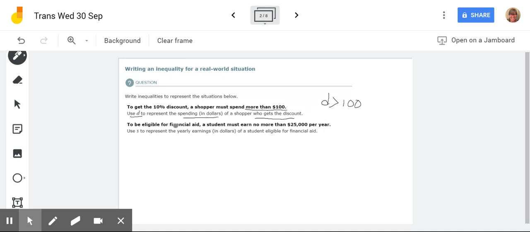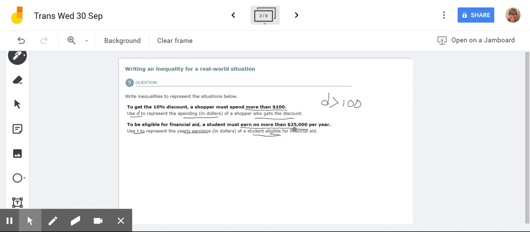Okay, to be eligible for financial aid, a student must earn no more than $25,000 per year. Use S to represent the yearly earnings in dollars of a student eligible. So somebody who is eligible for financial aid. Ask yourself, okay, what does that mean? No more than 25,000. Could he earn 20,000?